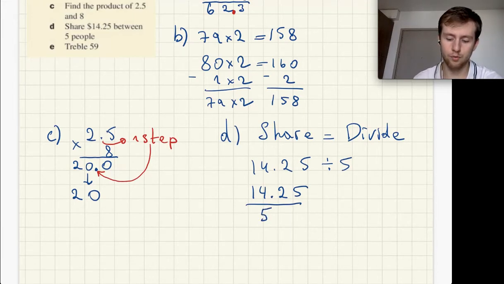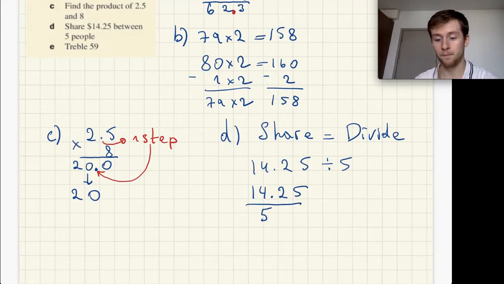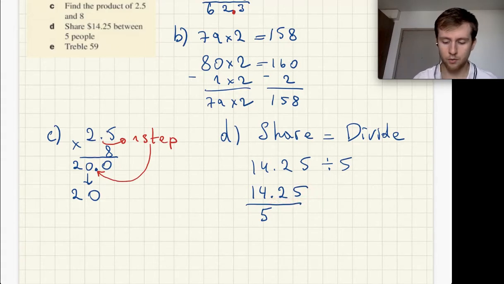And what we can do now is we can multiply. So because it's a fraction, we can easily multiply both parts of fraction by some number. So in this case, we want to get rid of this point. We don't need it. So let's get rid of it. So we want to take it 1, 2, we want to take it 2 steps out. That means we have to multiply by 100.